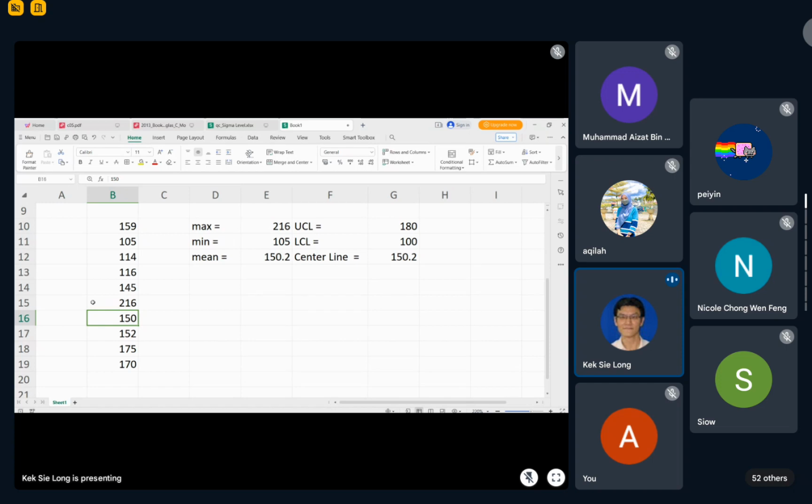So do you notice something? Maybe go back. Okay, you look at this value, the mean and center line. First, these 10 values are located in the control limit from 100 to 180.